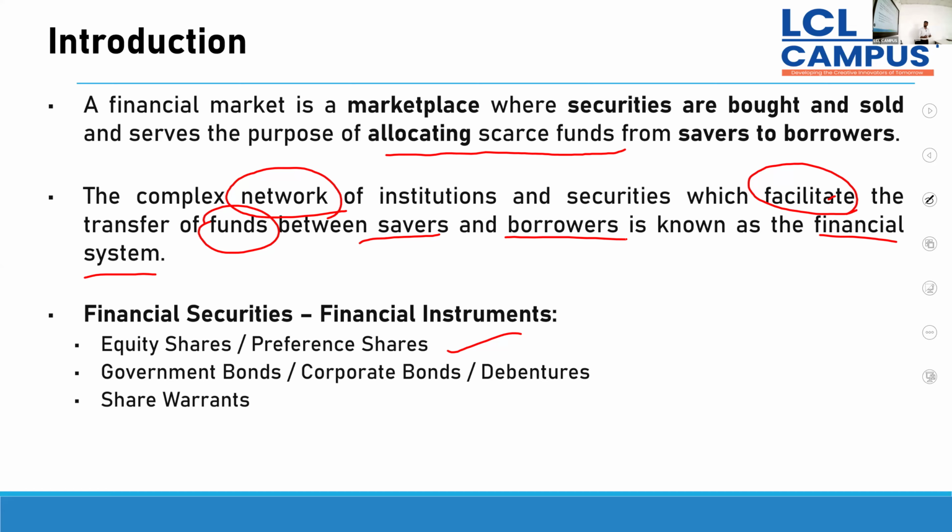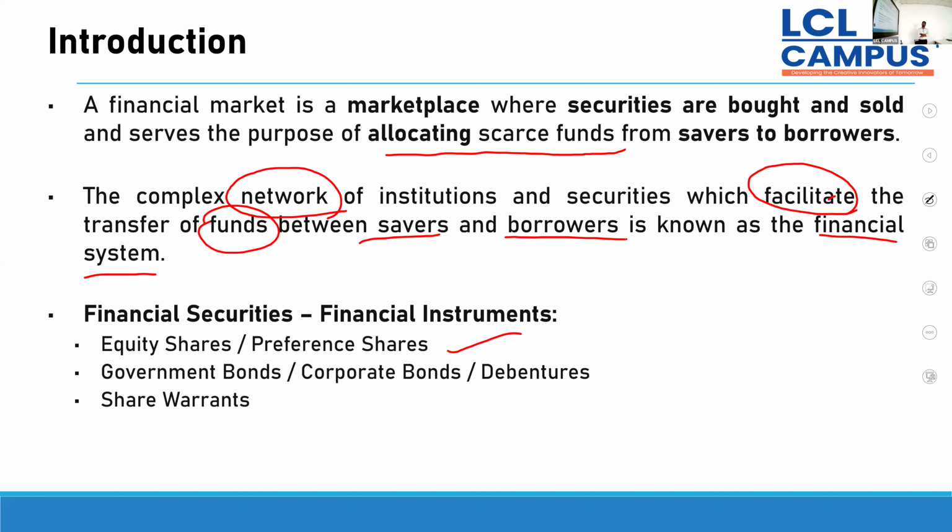So the key terms you should include: it's a complex network of institutions and securities, and it facilitates the transfer of funds between savers and borrowers. Clear?